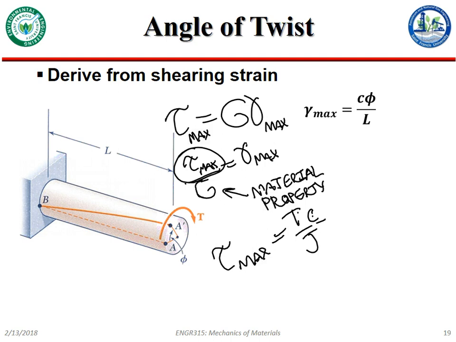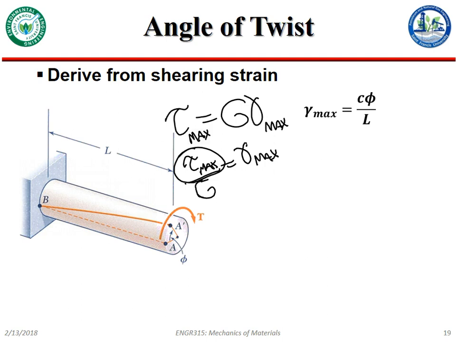It's related to the radius of the shaft, C, and it's related to the geometric properties of the shaft, the polar moment of inertia, J.